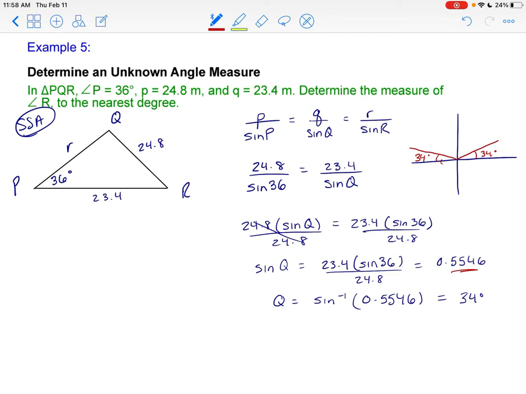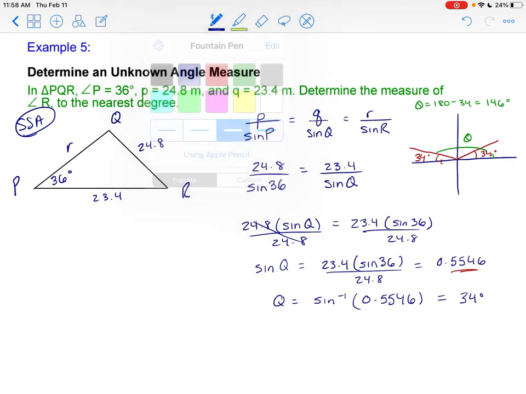So this larger angle, I'll do it in a different color, this larger angle here is also possible. That green angle theta is equal to 180 degrees minus 34 degrees, which is 146. So angle Q could be 146 degrees or it could be 34 degrees.